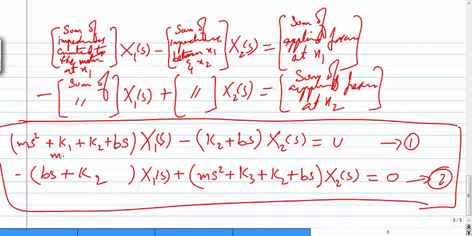Just put m x double dot plus k x1 plus k2 x1 plus b x1 dot minus k2 x2 minus b x2 dot is equal to u of t. Similarly, the second one. If you compare this and the previous result, you get the same result for both equations. Now this is one way of doing it.